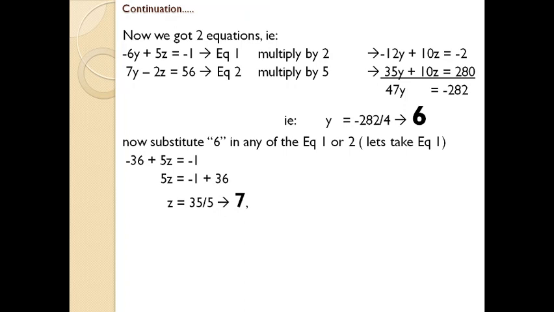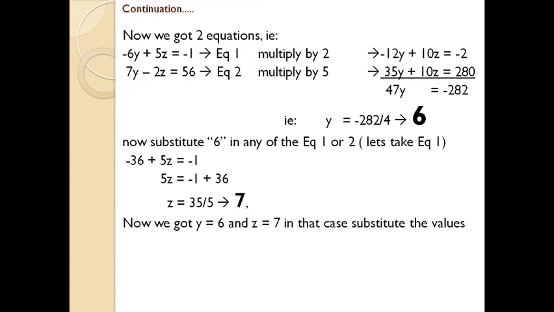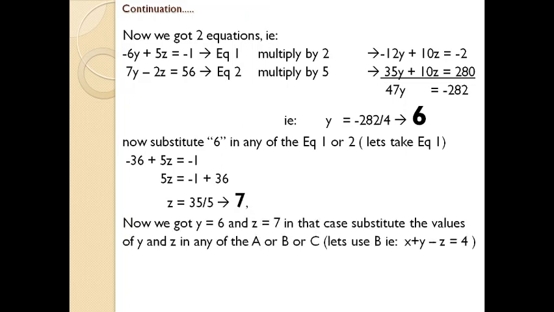For the next step, please take into mind that after finding y and z, don't go for equations 1 and 2 to arrive at x. You will never get it, because in equations 1 and 2 there is no x. For finding x, you have to go back to the original question where the x variable is present.